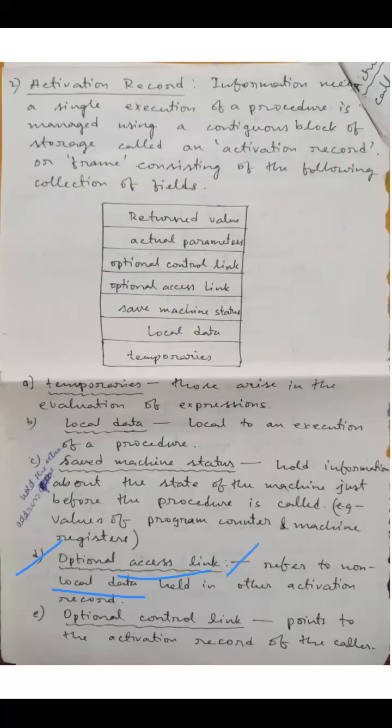So this section holds the variables which are used by the function but not declared inside that function. That variable can be a global variable or a local variable inside some other function.